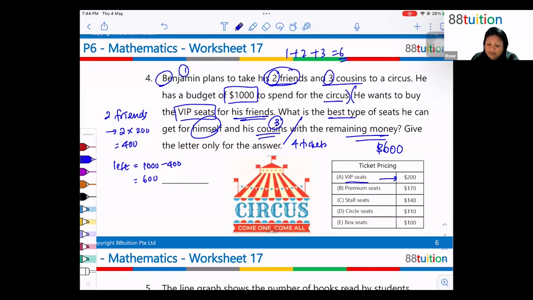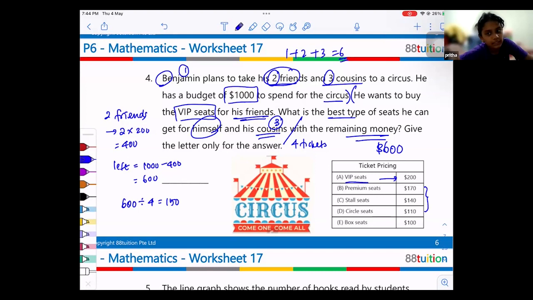So I have $600 to spend on 4 tickets, so I can spend an average of $150 per ticket. If I look at my options, which is closest to 150 that I can afford per ticket? Normal seats. Yes, Tong-yi, that's right.